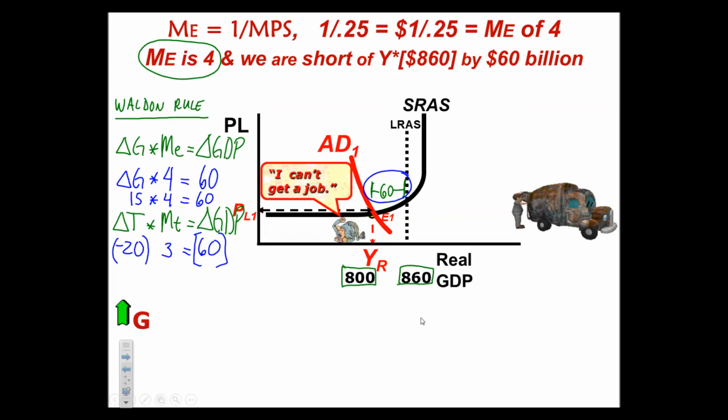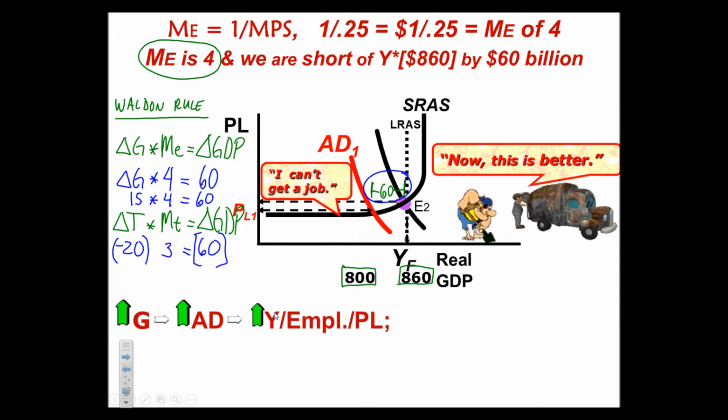Now, let's go through the mechanics of how this works, okay? So through this process, what we're doing is we're increasing government spending, okay? That's going to lead to an increase in aggregate demand. The increase in aggregate demand, see how it shifted over here to the right, brought us back to full employment. Okay, that's going to lead to an increase in income, employment, and price level.